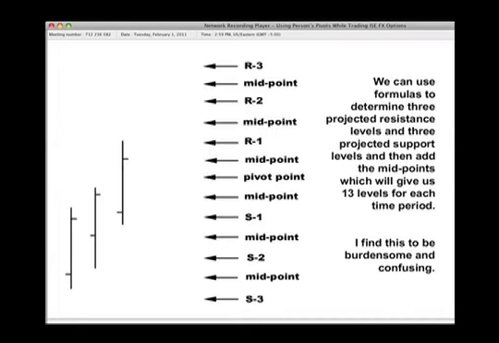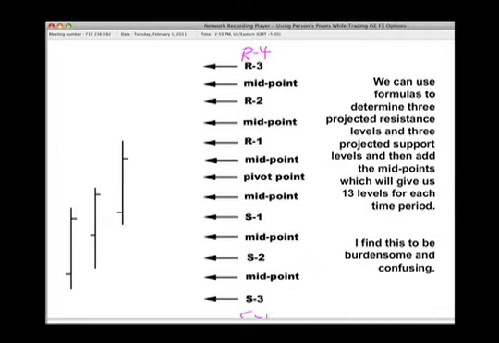Now, there are several different formulas out there. I know that people use all sorts. As I understand it, there's even an R4 value that gives us 4 targets of resistance, and we get an S4, which would give us 4 targets of support.